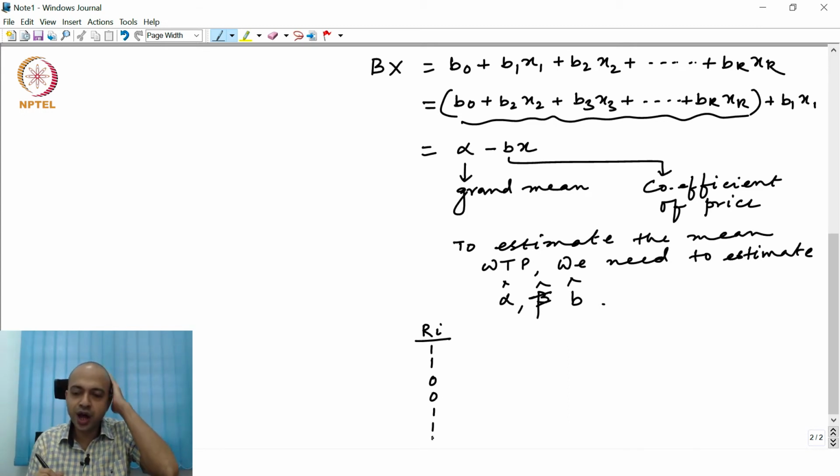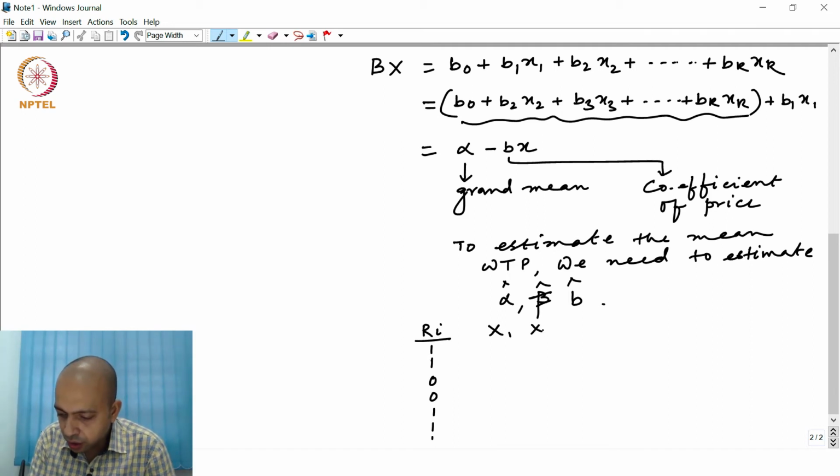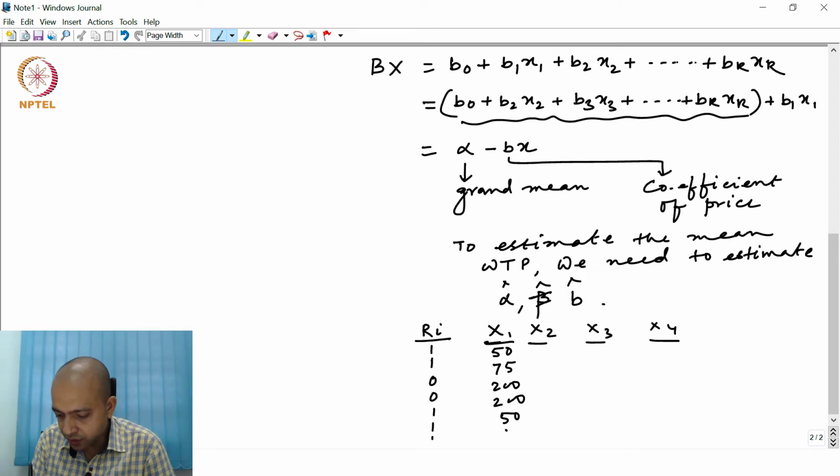So this would be our Ri, and then that should be regressed on several explanatory variables, let's say x1, x2, x3, x4. X1 is the price or bid amount. Maybe this would be 50, then 75, then 200, then again 200, then 50, then 75, like that, different bid amounts.